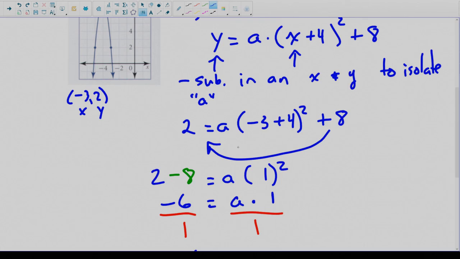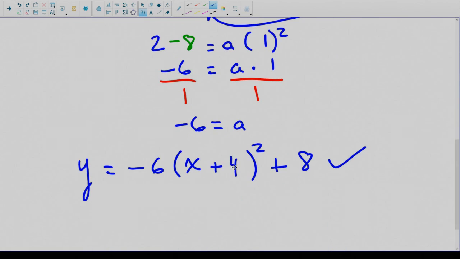Then you have to use a little bit of algebra, which is usually bringing this number over to the other side, grouping those two numbers together in the bracket and squaring them, and then dividing by whatever that number is to get your final answer for a. Once you've got all that, you can substitute all of the numbers back into the equation, making sure that the x and y are back, because your final equation has to have x and y in it again. And that is your equation for that parabola.